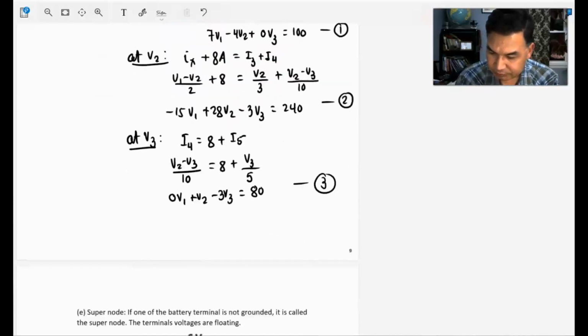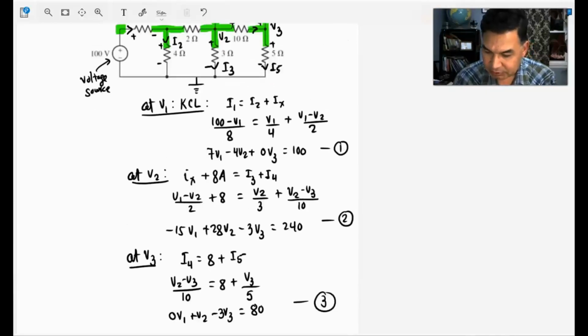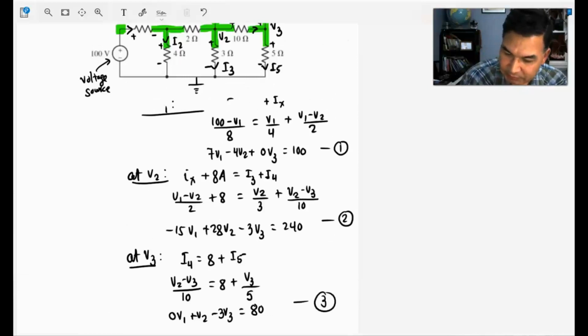I'm going to show you how to write down all these equations, so just keep that in mind. Now I'm going to put them in matrix form.